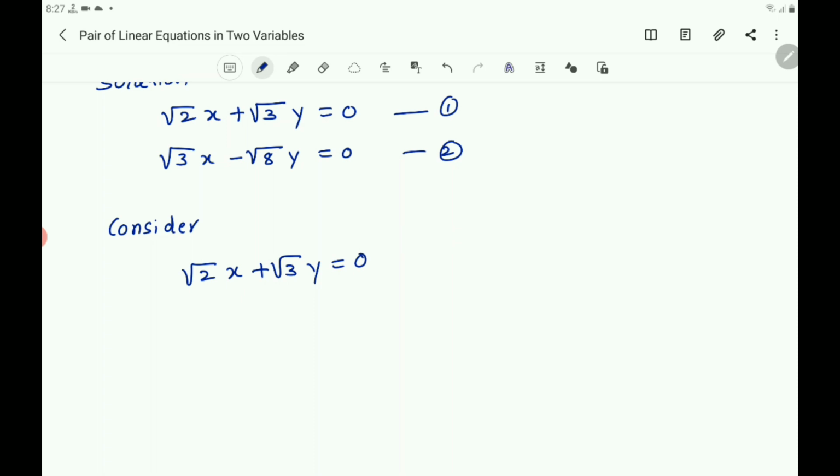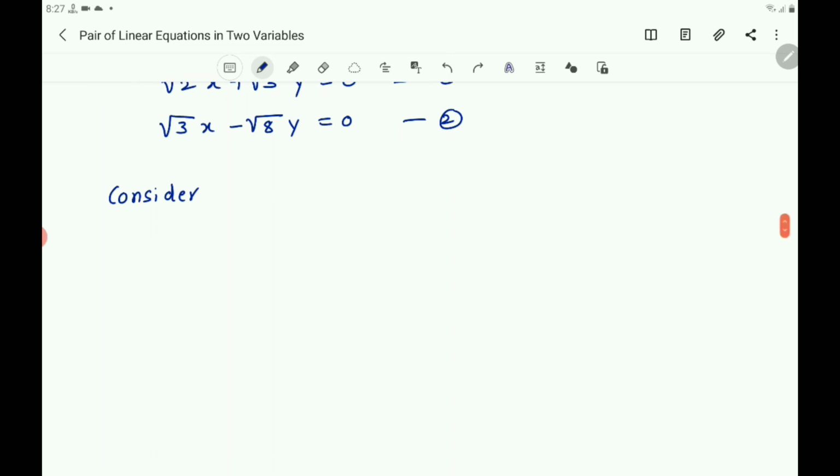Or it is better to take the second equation, because when it is transferred to RHS it becomes positive. If you transfer this to RHS, that becomes negative. That is inconvenient for us. The convenient equation is this one, because if you transfer this minus 8y to the RHS, that becomes positive. So you take root 3x minus root 8y equals 0.